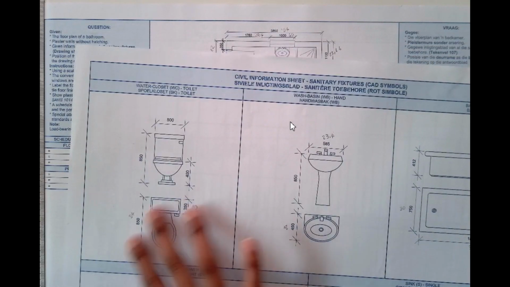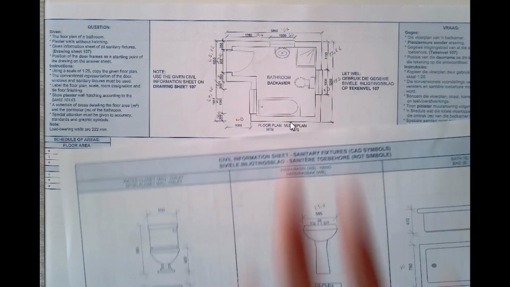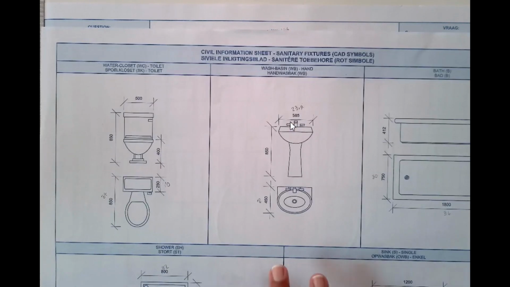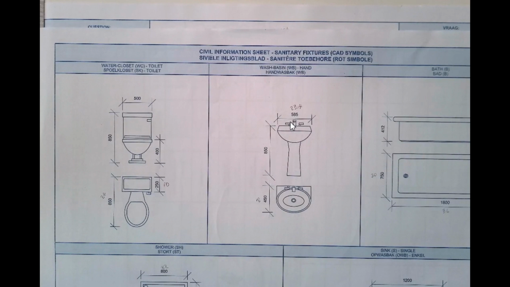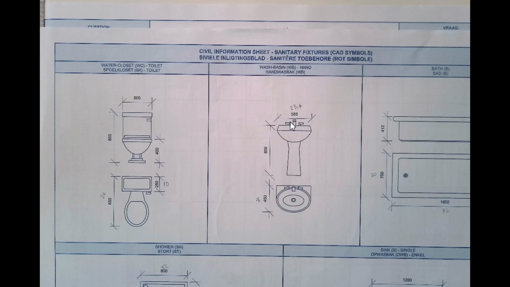So I've converted some of my fixtures that are given on this. Remember, you are using this information sheet for page 108, 109, and 110. This is the information sheet that you will be using.